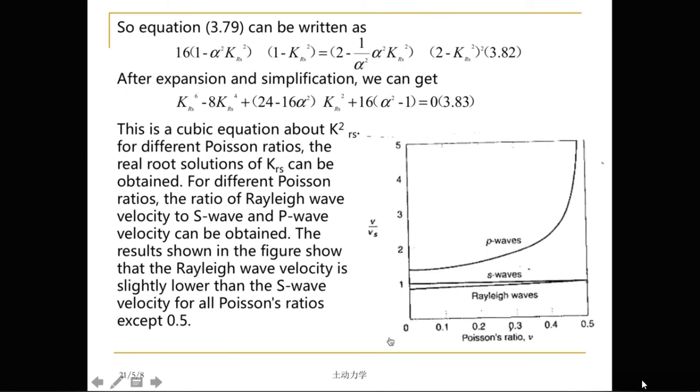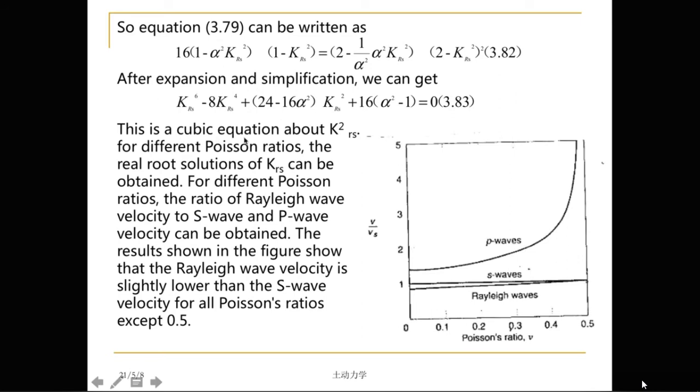So equation 3.79 can be rewritten as equation 3.82. After expansion and simplification, we can get equation 3.83.